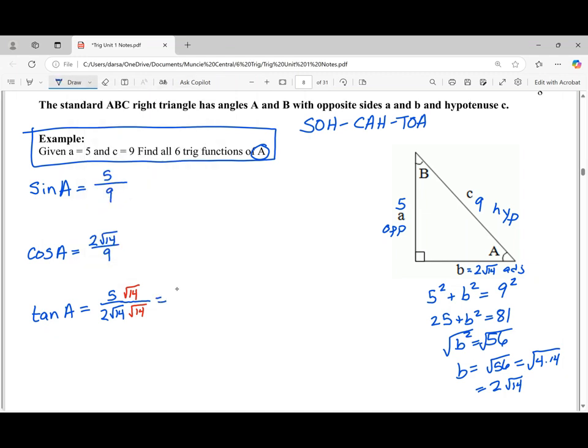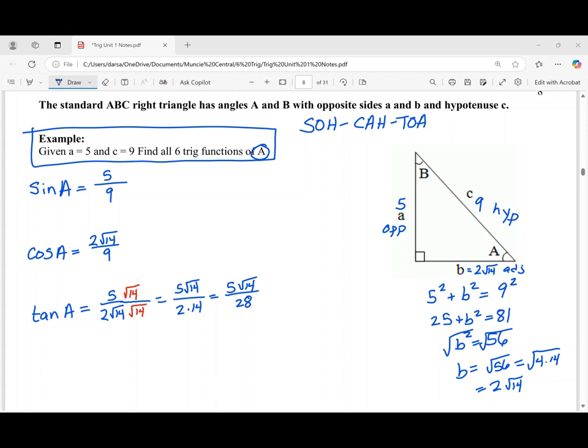On the top, we'll just have outsides with outsides, insides with insides. That gives us 5 square root of 14. On the bottom, square root of 14 times square root of 14 is just 14. So we'll have 2 times 14. So tangent of A is going to be 5 square root of 14 over 28. Whew, that one was a little bit trickier than it looked because we had to do that rationalizing.